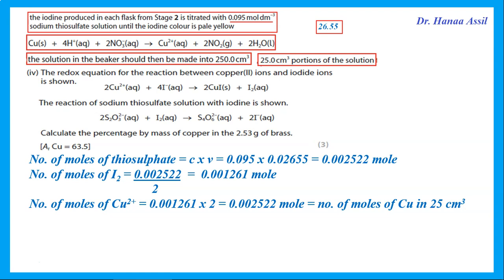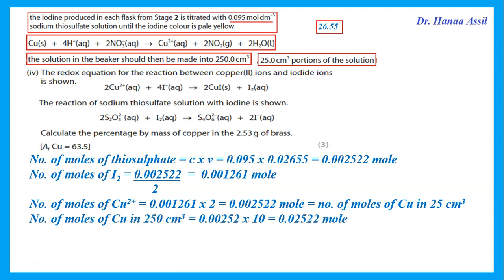But this is in 25 centimeter cubed. Remember that he made up the solution to 250 and he took 25 centimeter cubed of this solution. So the number of moles in the whole 250 would be that number times 10.